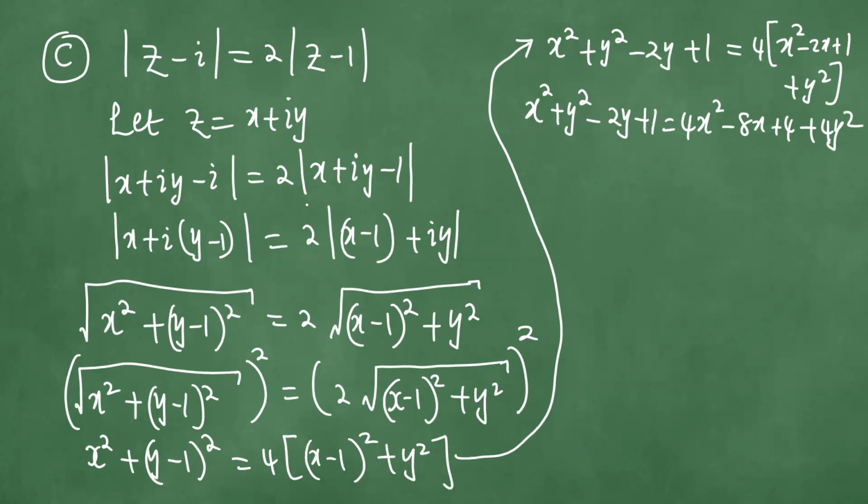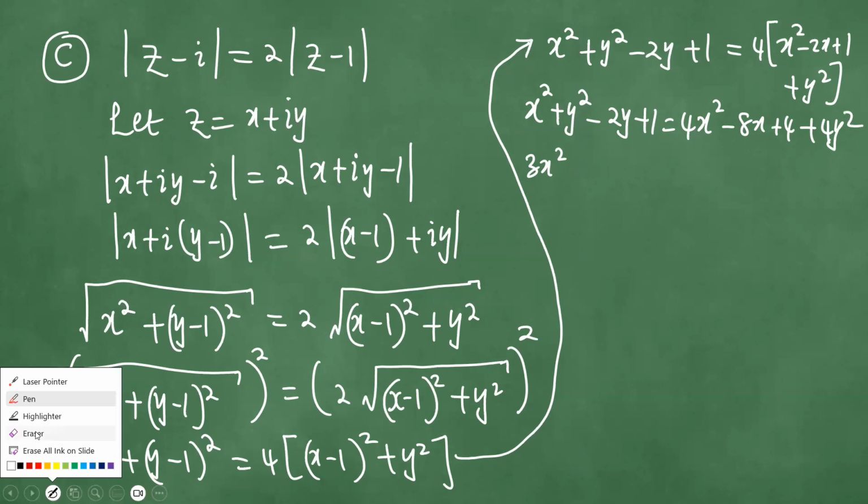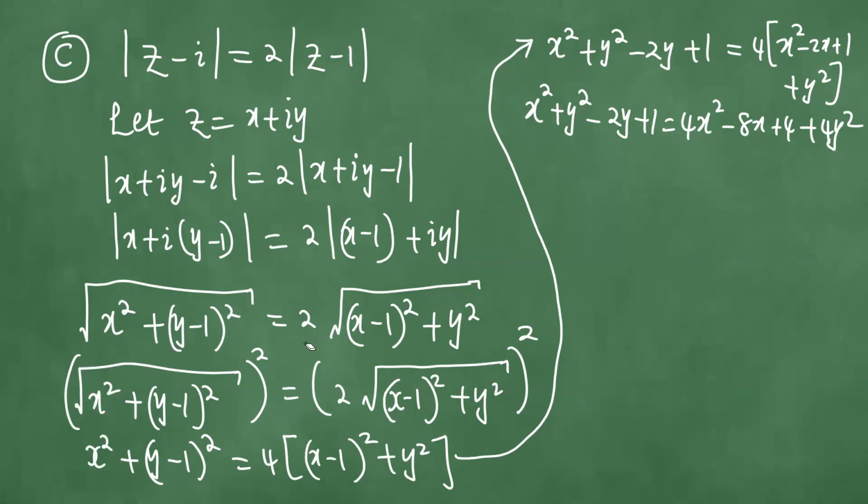Okay, now, which means you have 3x squared. 3x squared, and then obviously because that is 4x squared minus x squared, that gives us 3x squared. And then what are we getting from the rest of these here?